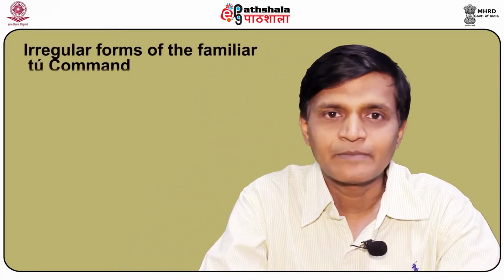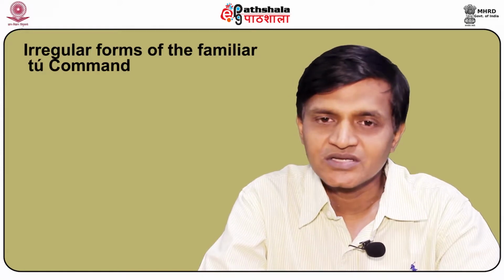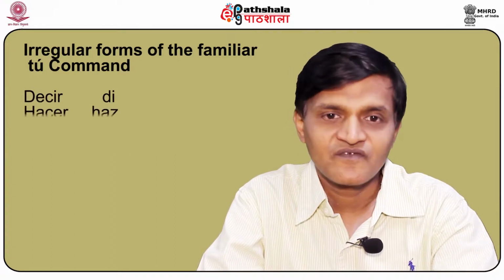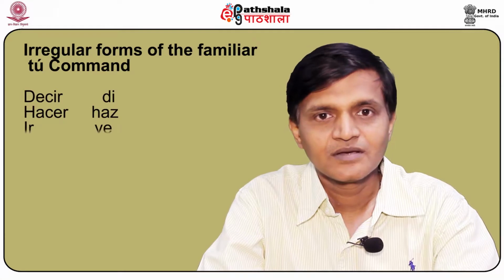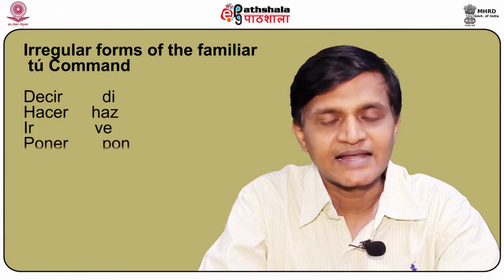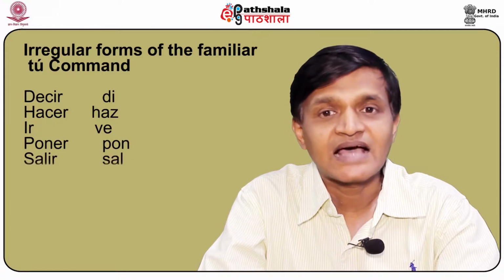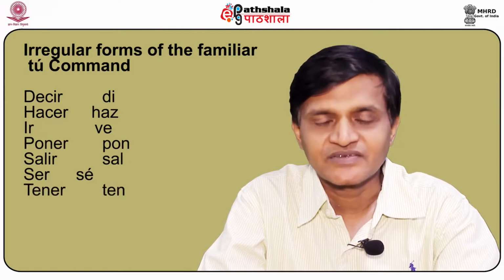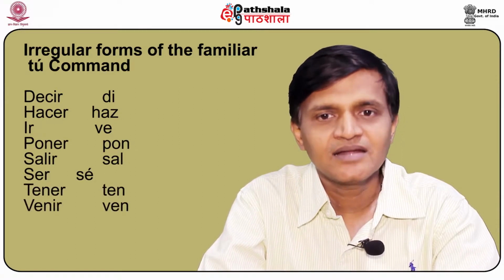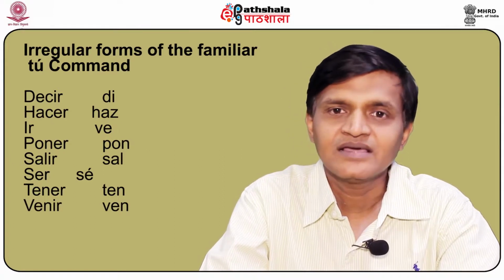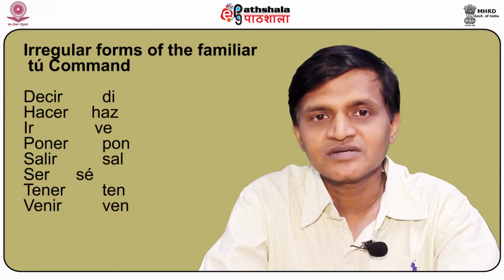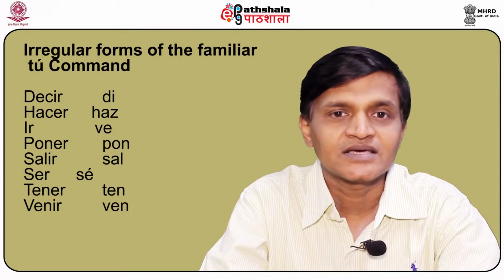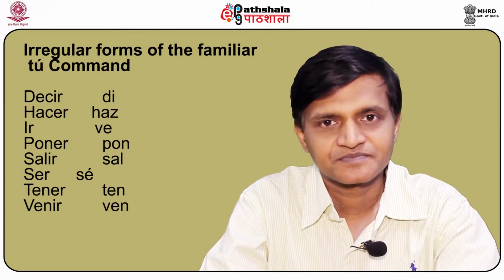For example, decir is conjugated in the command form as di, hacer as haz, ir as ve, poner as pon, salir as sal, ser as sé with an accent, tener as ten, venir as ven. So, pon, sal, ten, ven, di, haz, ve are the command forms that we have learnt right now of decir, hacer, ir, poner, salir, ser, tener and venir.